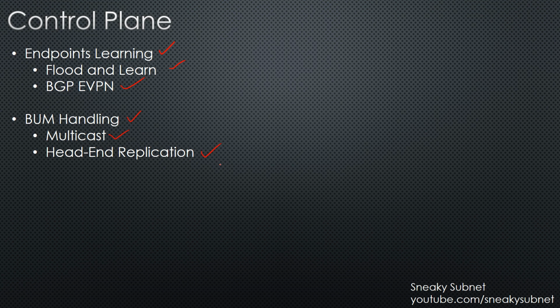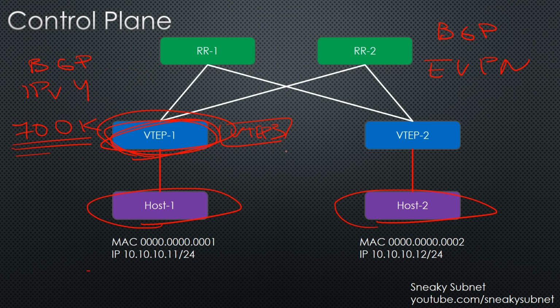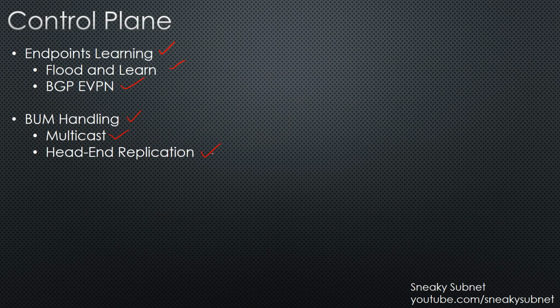Again, multicast is better, but if you want to use multicast, your underlay network must support multicast. That's pretty obvious. But if your fabric is quite small, head-end replication is a possible solution, I would say.